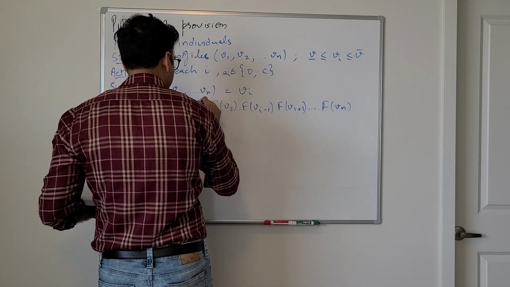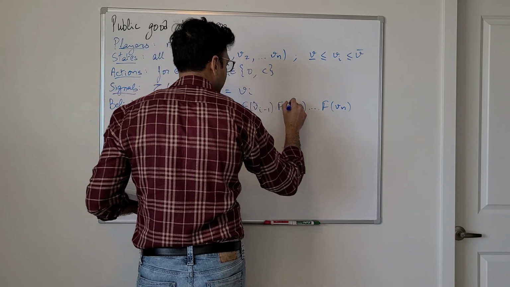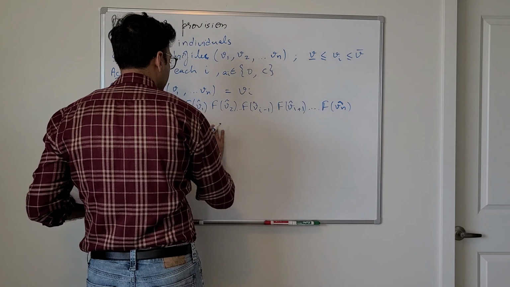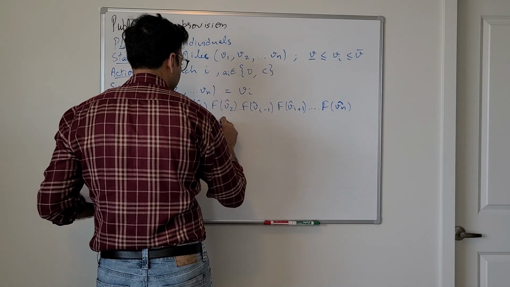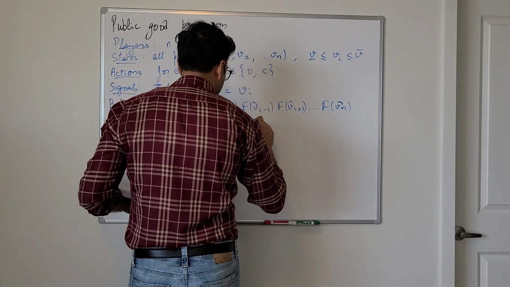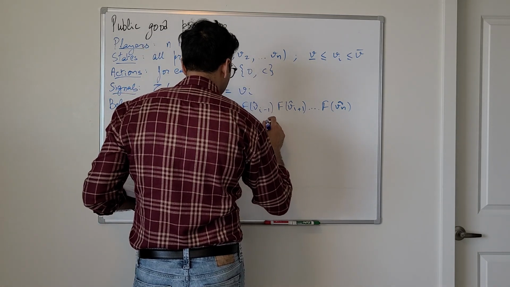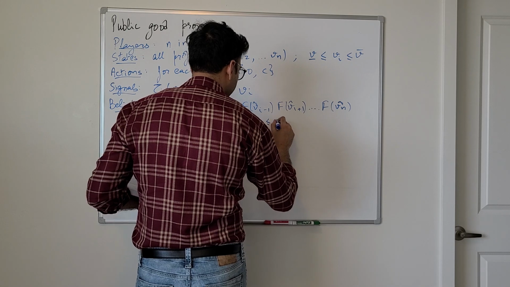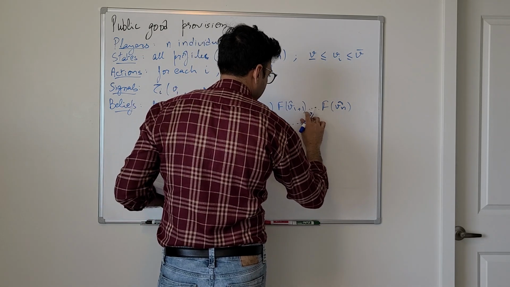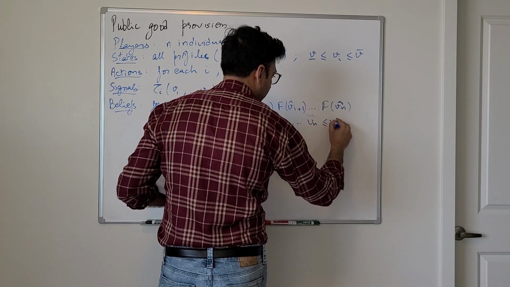What I'm going to do is add hats here, just to be clear that these are particular values. So this is the probability that V1 is less than or equal to V1 hat, and V2 is less than or equal to V2 hat, up to Vn is less than or equal to Vn hat.